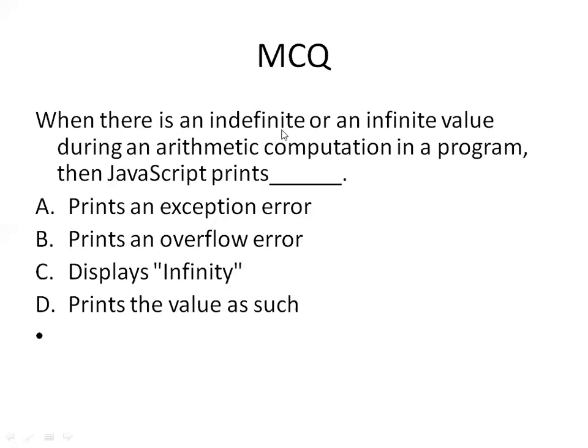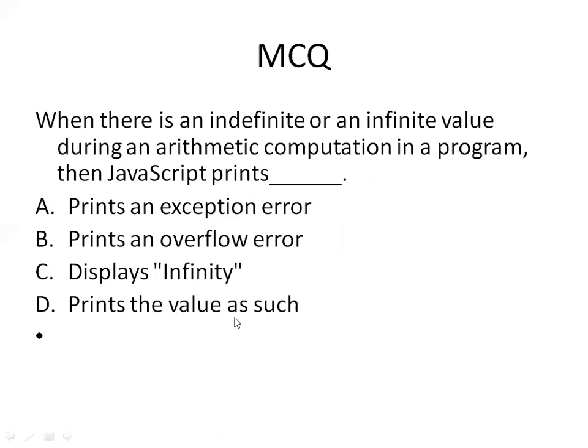When there is an indefinite or an infinite value during an arithmetic computation in a program, then JavaScript prints what? Again, I am reading the question. Option A, prints an exception error. Option B, prints an overflow error. Option C, displays infinity.